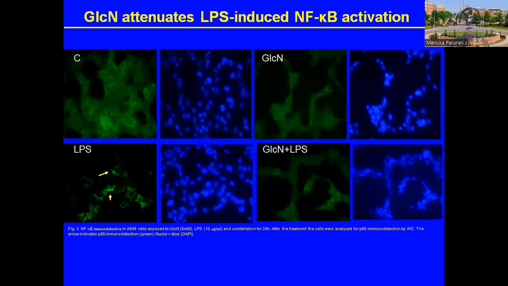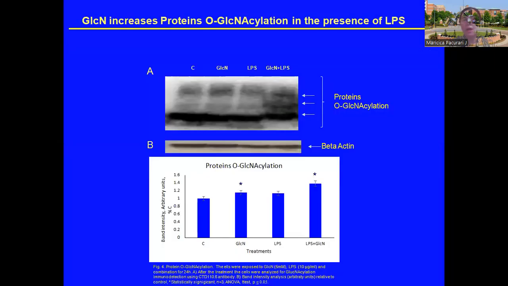As a mechanism to understand how glucosamine may attenuate LPS-induced activation of MIP4, we looked at NF-kappa B, and we find that in absence of glucosamine, there is an increase in immunodetection of p65. Another mechanism that we investigated was whether glucosamine increases protein GlcNAcylation in the presence of LPS, and we find that in the presence of glucosamine, the LPS increased protein GlcNAcylation.